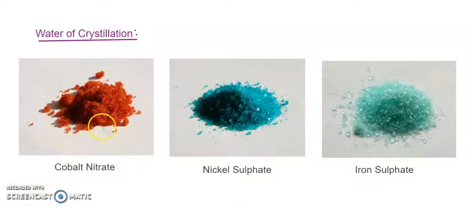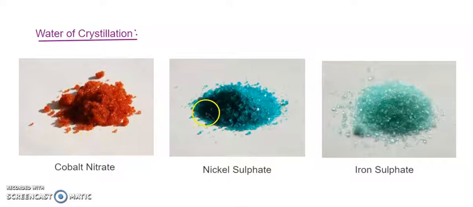Now, these are compounds which get these distinct colors when they have water present in them. So what does this water do? Even if it is a dry compound, cobalt nitrate or nickel sulphate or iron sulphate, they form this. If you can see the picture, they have these tiny grainy structures.